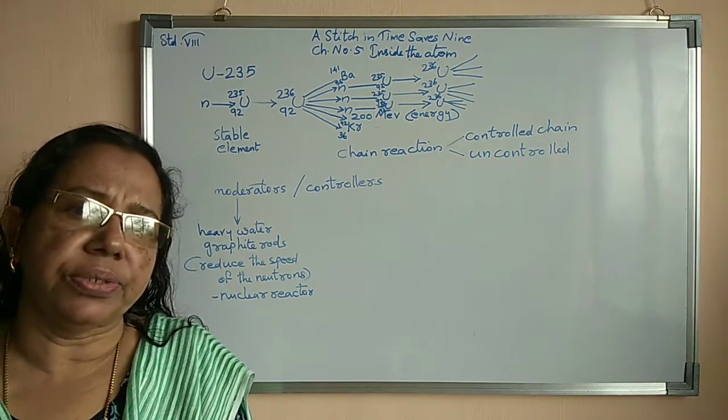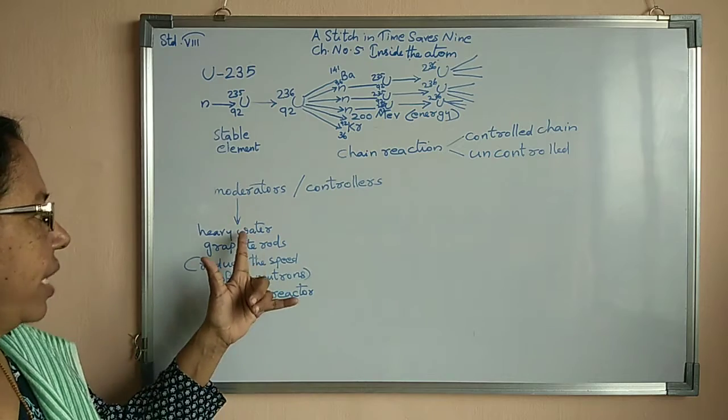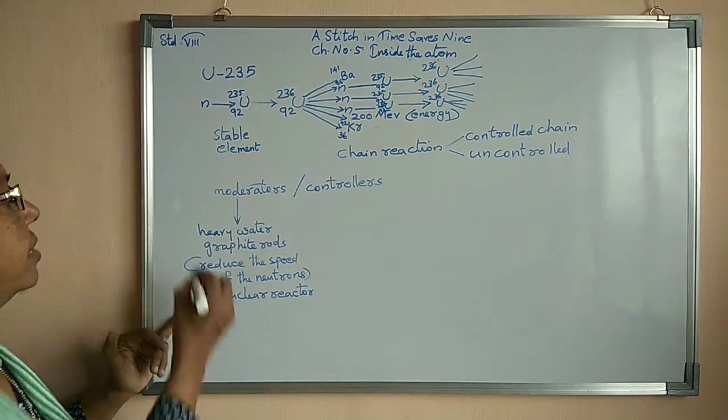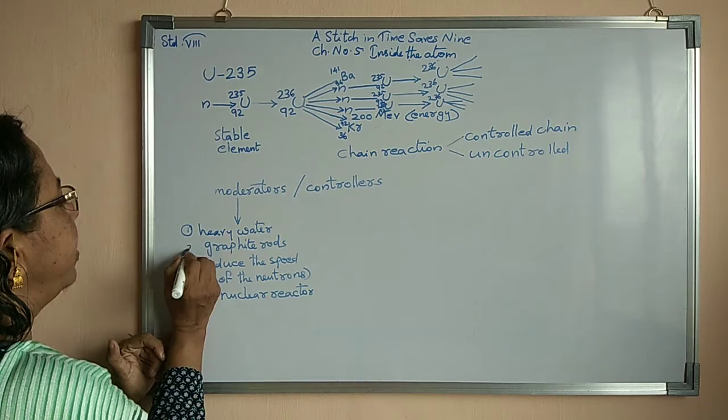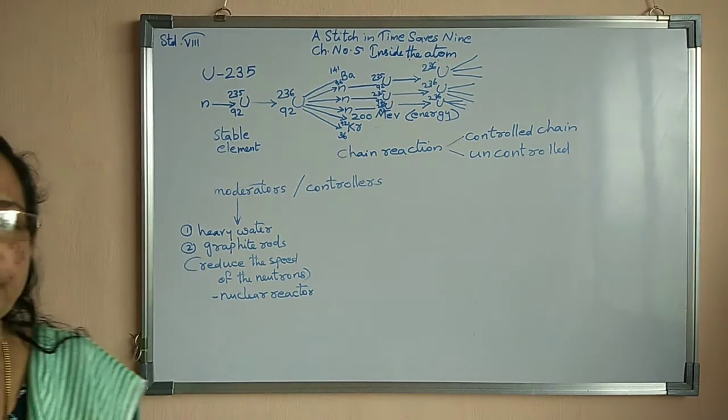Their speed needs to be reduced. For that, they are using moderators. Moderators are heavy water as well as graphite rods. Their function is to reduce the speed of the neutrons produced inside the nuclear reactor. The neutrons have high speed, so their speed needs to be reduced. For that they use moderators.